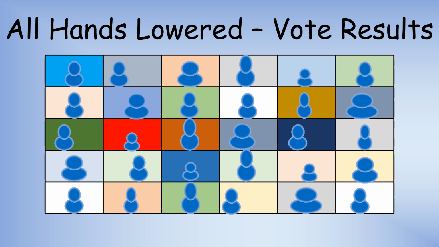When the vote has been counted and confirmed, the facilitator will ask the technical team to lower all the raised hands. The facilitator will then verify that all hands have been lowered. The facilitator will then declare the results.